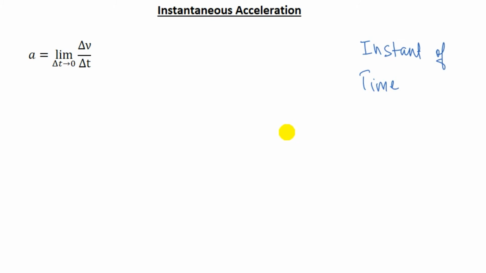And instantaneous acceleration is a vector just like the average acceleration, and its direction is given by its sign. Now when we say acceleration, it means instantaneous acceleration, and if we are talking about average acceleration, then specifically we have to say average acceleration.